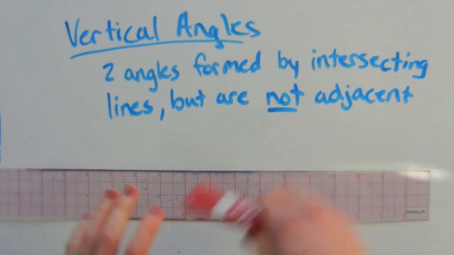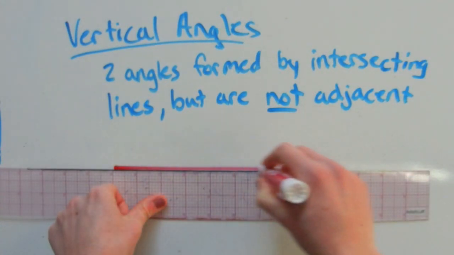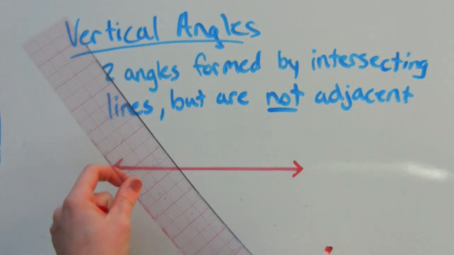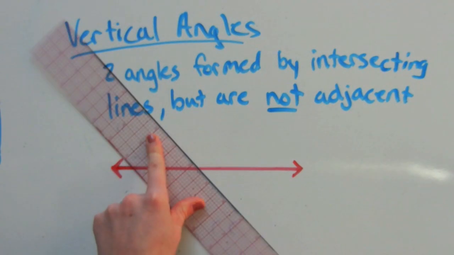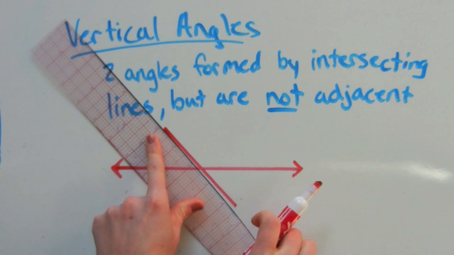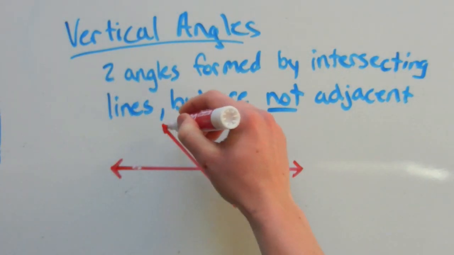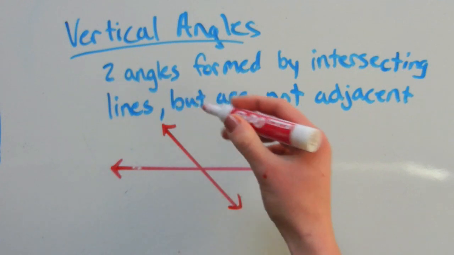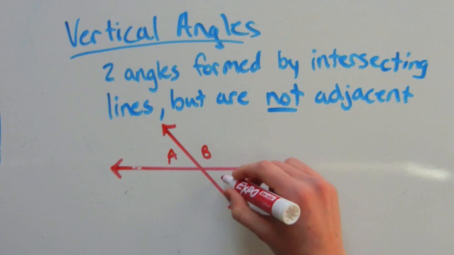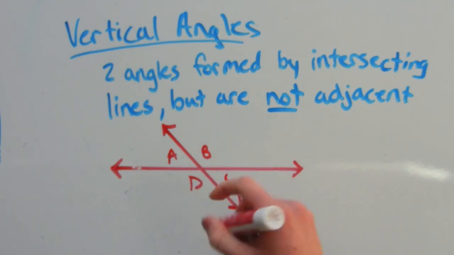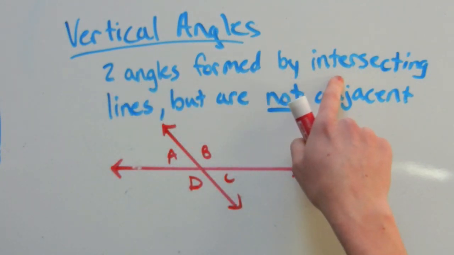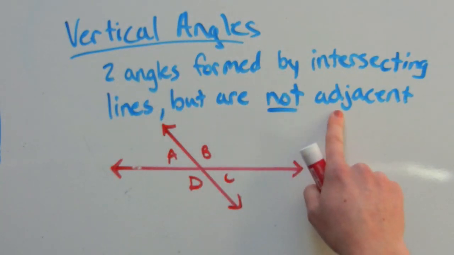So I'm going to draw 1 line, and I'm going to draw 1 more line that intersects. Intersecting means that it crosses, and they share a common point. So I'm going to name this angle A, this angle B, this angle C, and this angle D. Now, we're looking for 2 angles that are formed by intersecting lines but are not adjacent.